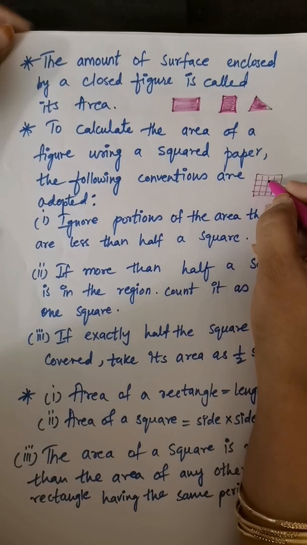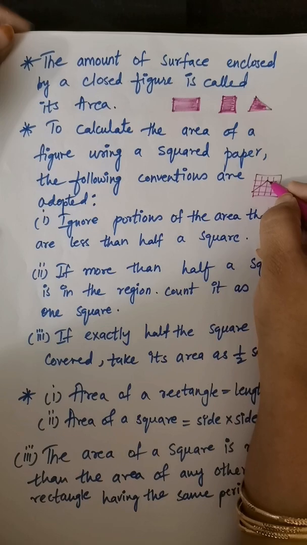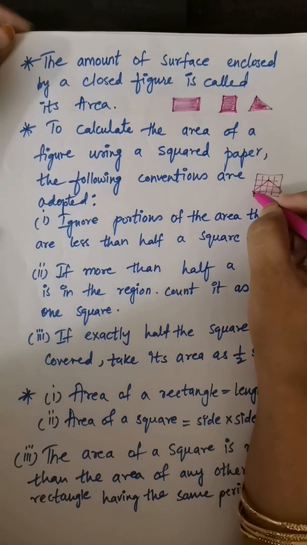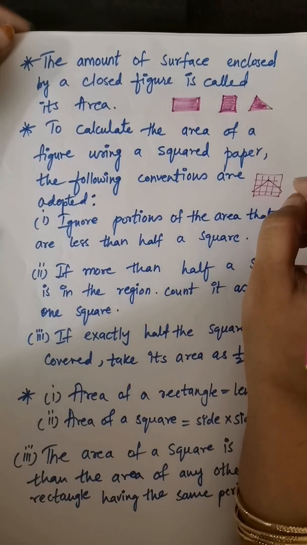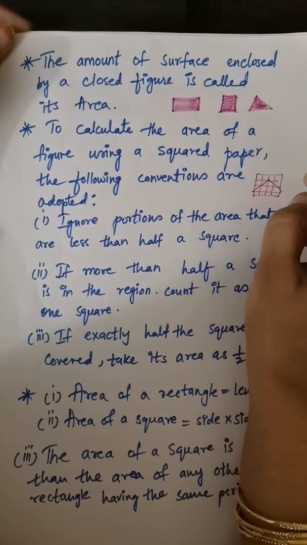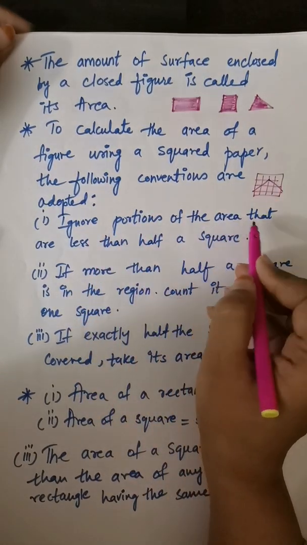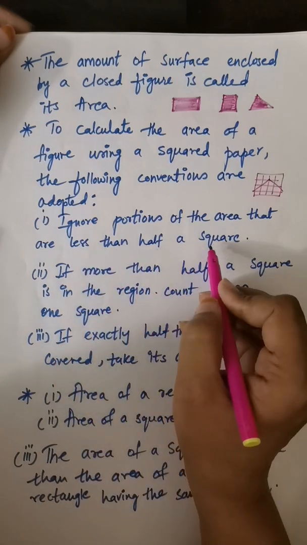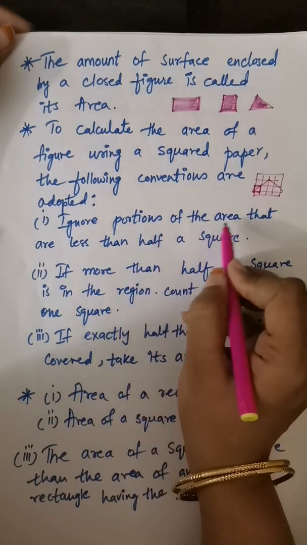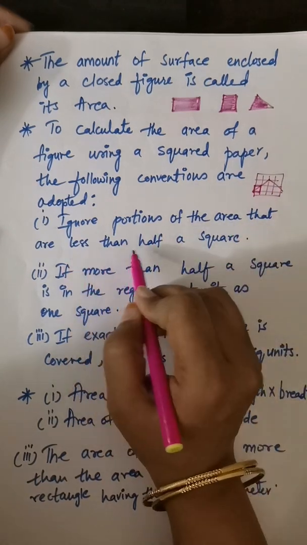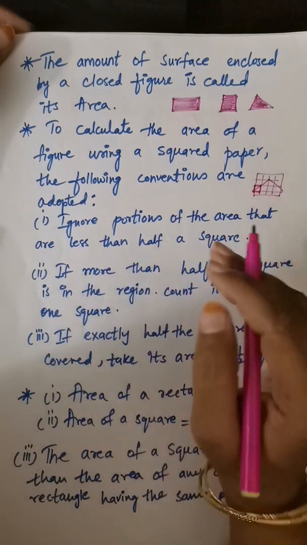We have to find the area of this shape. To find the area of this shape, the first convention is to ignore the portions of area that are less than half of a square. If it is less than half, ignore it.